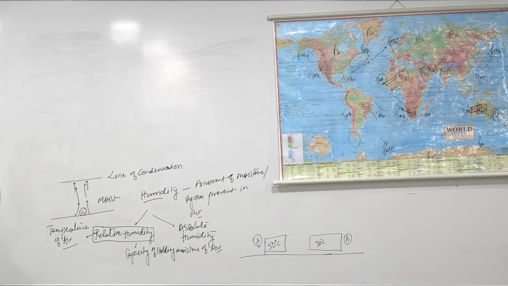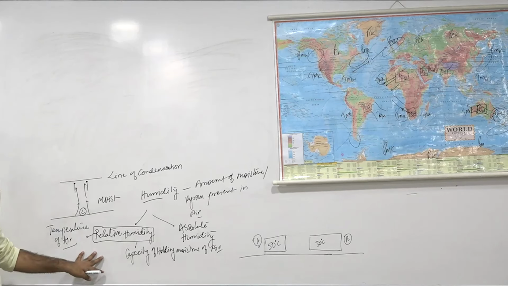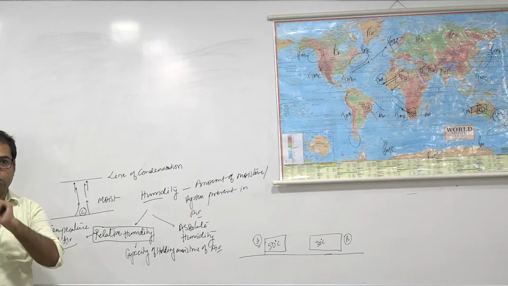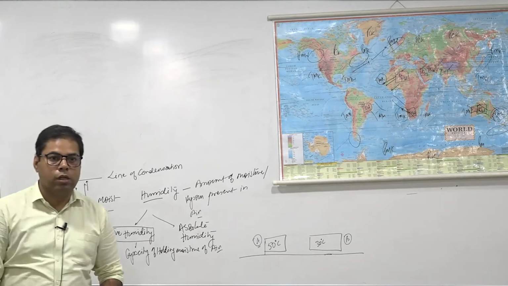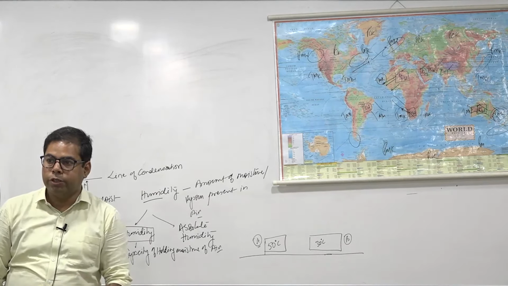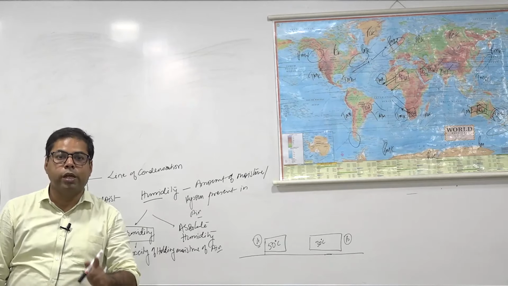So in high temperature areas, relative humidity will be high or low? Relative humidity, the presence of moisture in the air will be high or low? Presence of the moisture will be less. In the high temperature areas, presence of the moisture will be less, but the holding capacity will be more.